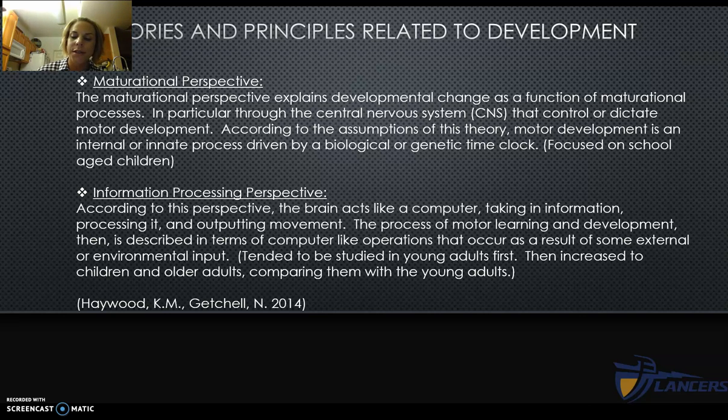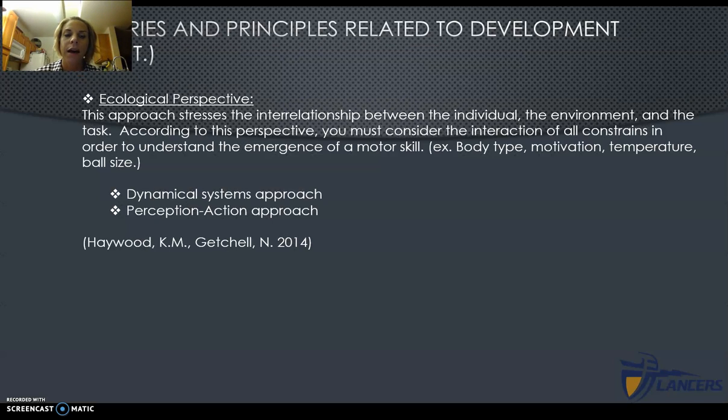And then the last one is an ecological perspective. This approach stresses the interrelationship between the individual, the environment, and the task. According to this perspective, you must consider all interactions of all constraints in order to understand the emergence of a motor skill.